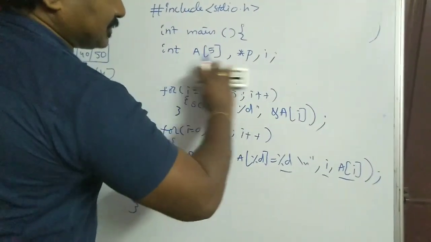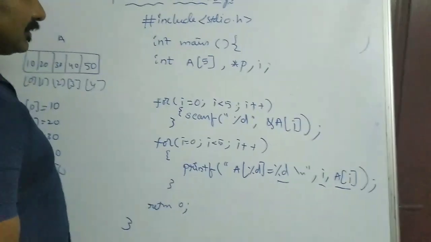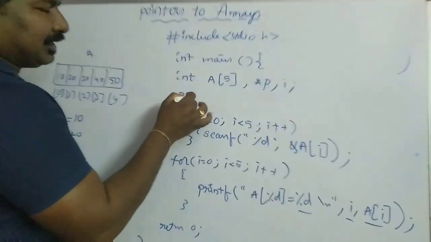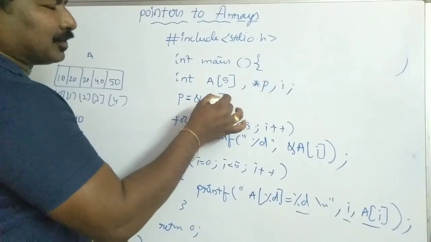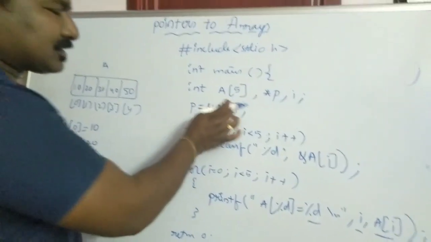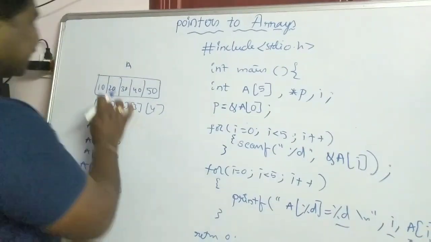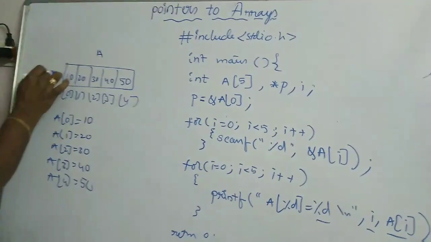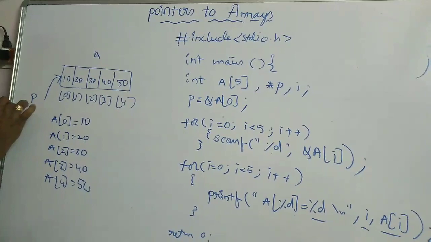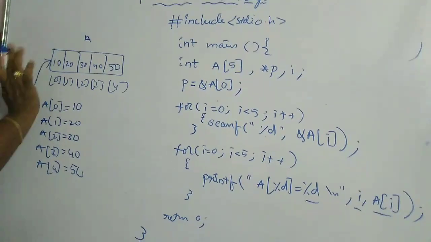I'm just changing it, friends. Just p is given the address of A of index 0. That means the address of the first element is given to p. So my figure will look like this. There will be a pointer p and p is pointing to the first element.